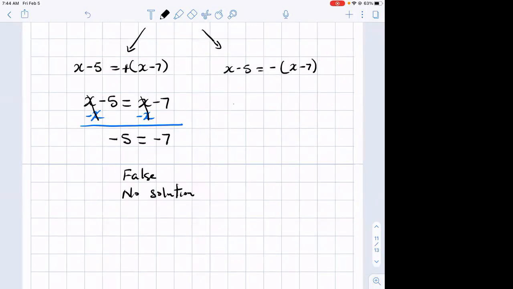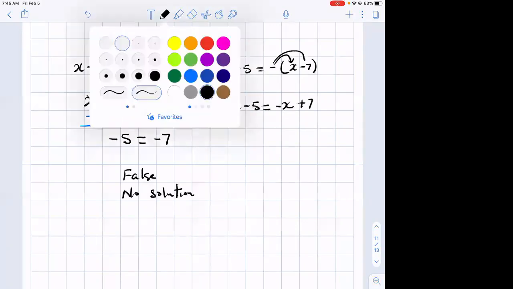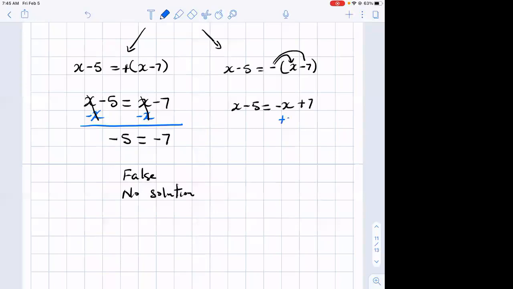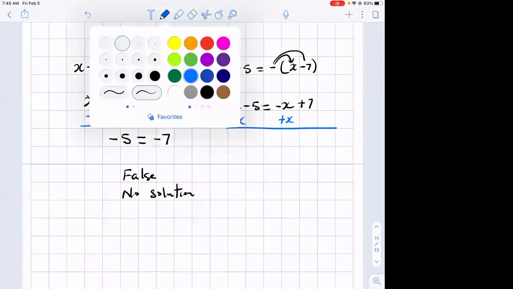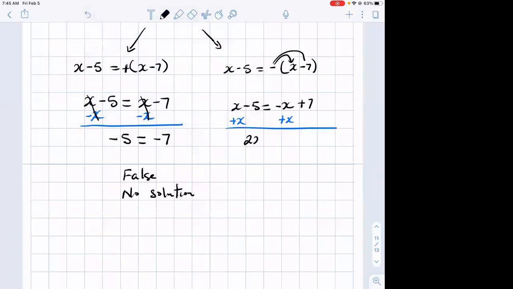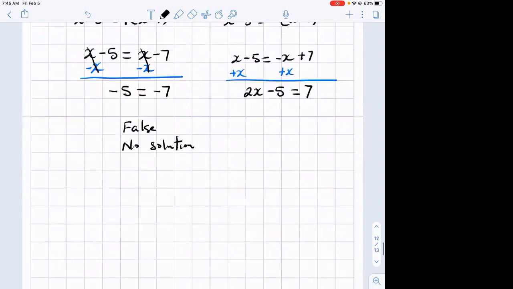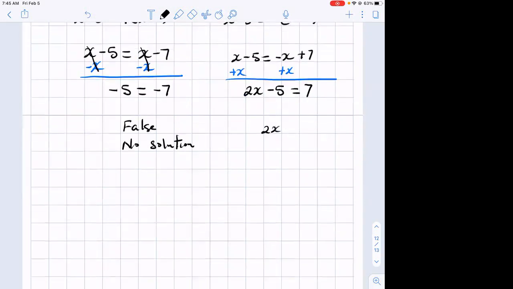If we distribute that negative, this becomes minus x plus 7. I always move my smaller variables, so I will add x to both sides. And this becomes 2x minus 5 is now equal to 7. Okay, 2x minus 5 is equal to 7.